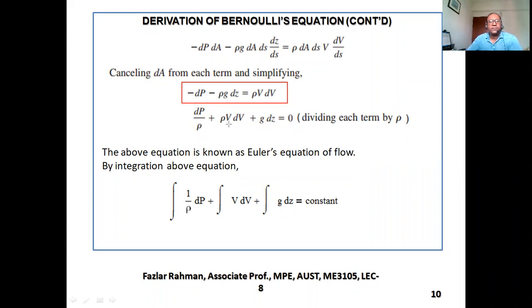So you are getting right over here, dividing by rho, there should not be this rho with the v dv. So dP/rho plus v dv, plus g dz, dividing each term by rho. Now we do the integration. So after integration, you get ∫dP/rho + v²/2 + gz equal to constant.